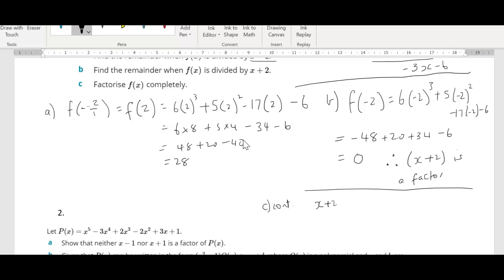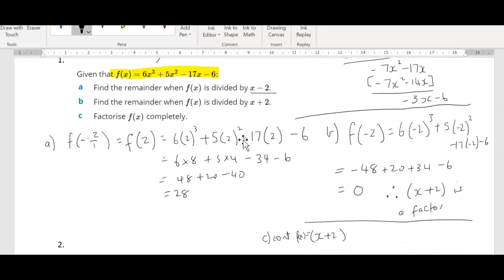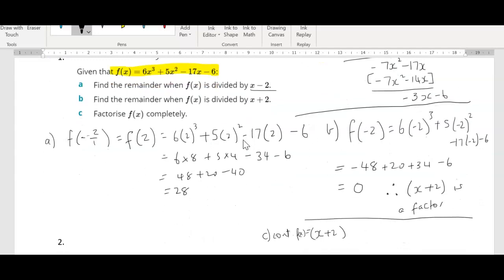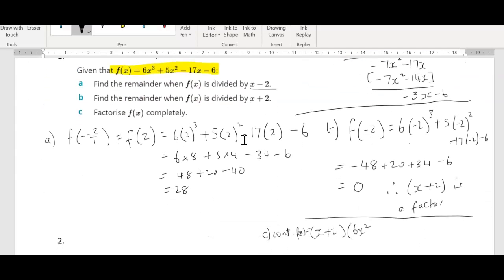All right, so we have x plus 2. So I should write f of x. There we go. 6x squared minus 7x minus 3.